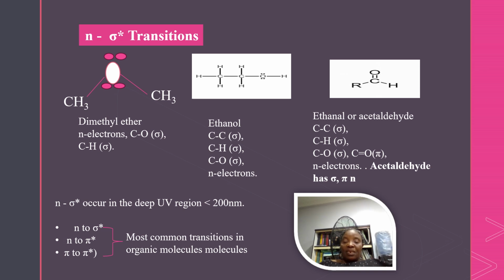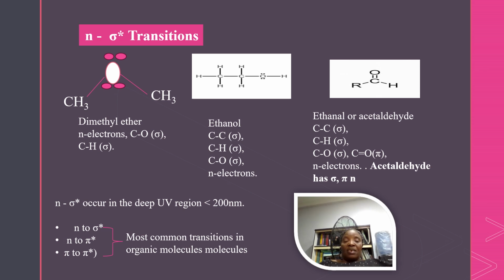It is one of the most common transitions in organic molecules. Also, transitions that occur in organic molecules are n to pi star transitions and pi to pi star transitions.